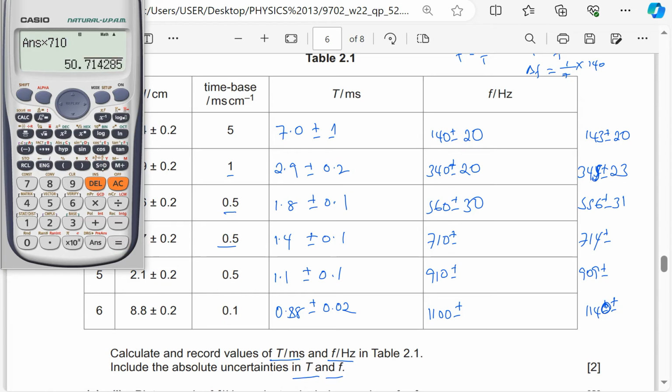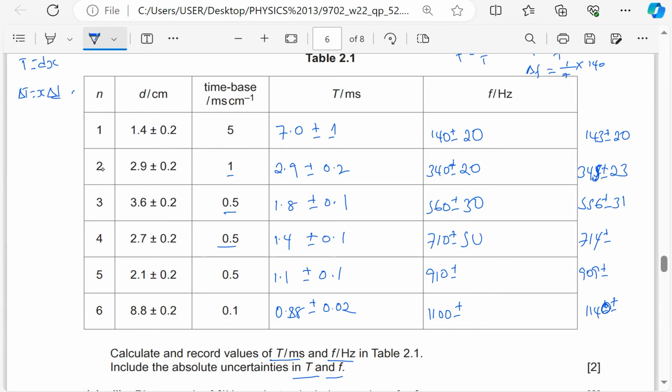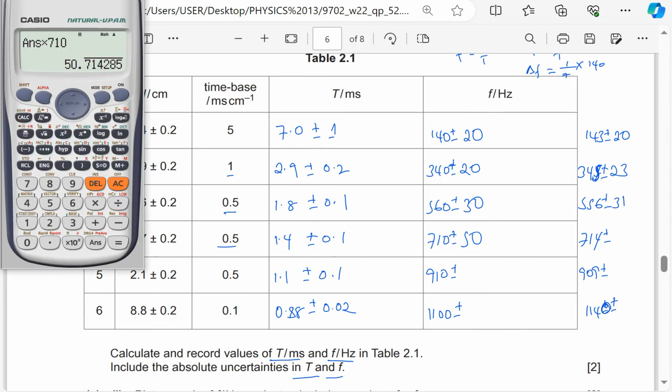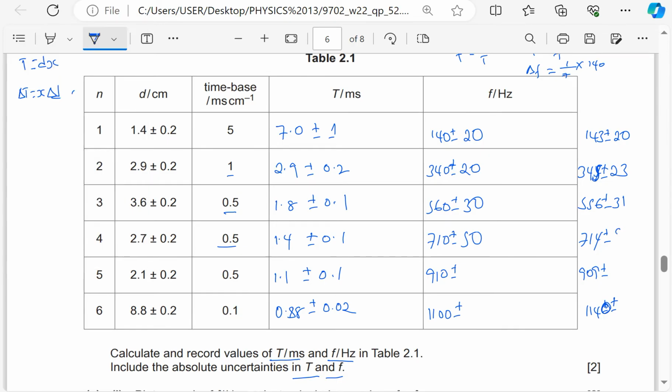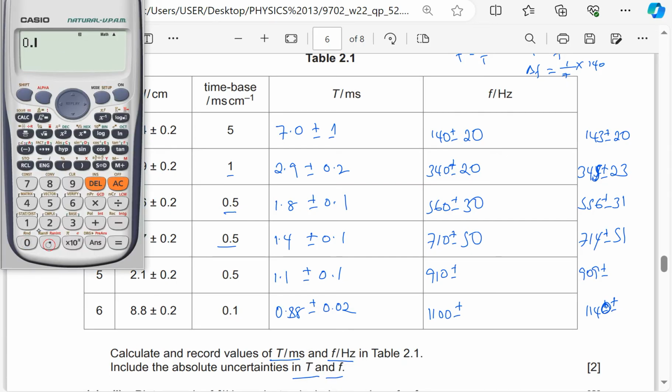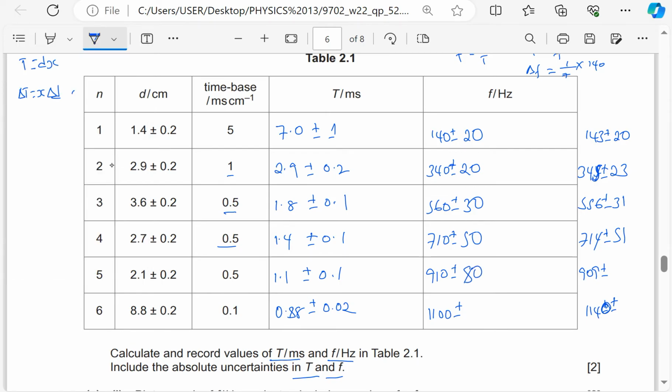This is 50. To one significant figure, it is 50. Or you could write 51 here. Then I have 0.1 divided by 1.1 times 910. That is 80. But you could also have 81 if you use 909.